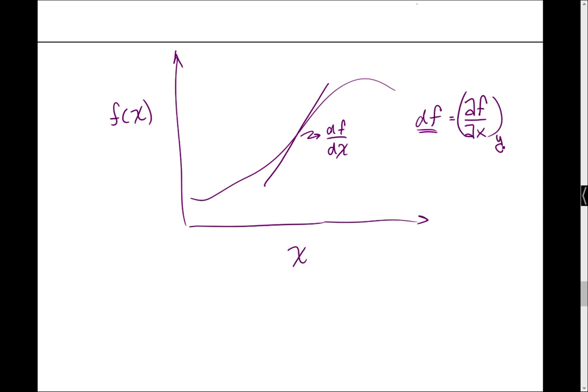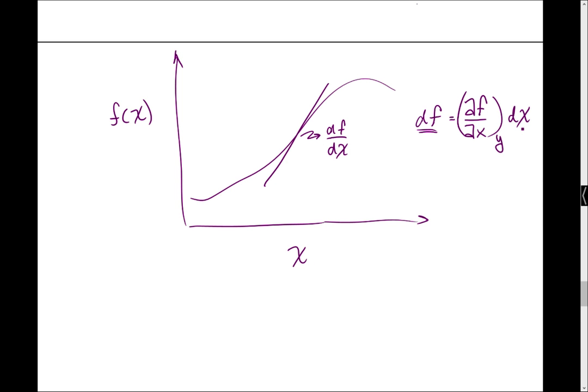Infinitesimal change in x, that creates an infinitesimal change in f. Now if I want only the change in f, what do I need to multiply this by? This is df, I want df, so I need to multiply this by dx, right? That's important, okay? Okay? We got that? Right.